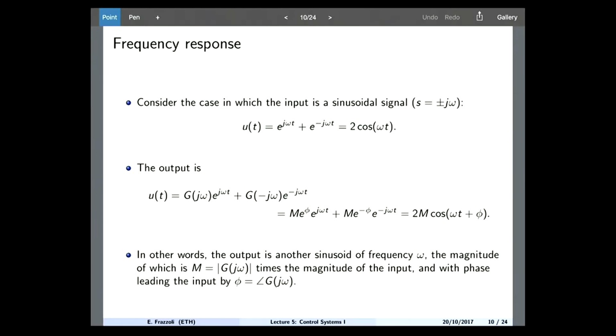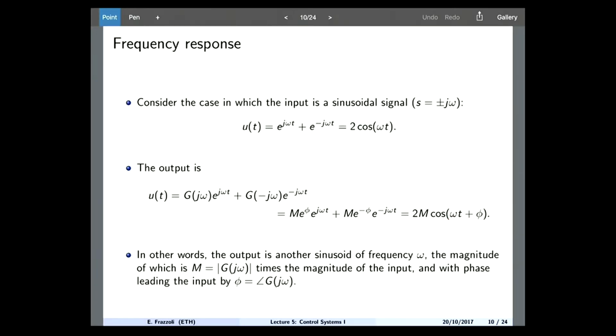So what will happen is that the magnitude of this term will be equal to the magnitude of this term, which is m. The phase of this will be the opposite of the phase of this. So I have something that has phase, say, phi, and something that has phase minus phi, right? You do the calculation here, and what you see is that this is 2m times the cosine of omega t plus some phase phi, okay?